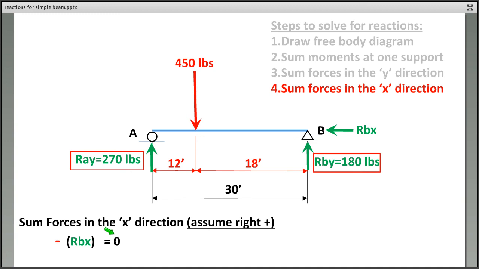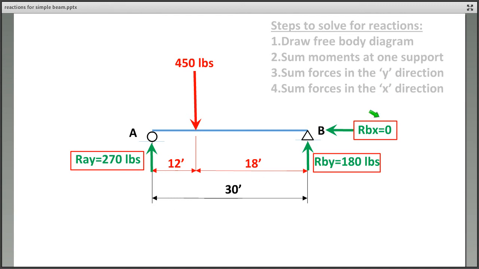Every time we sum forces, we have to end that equation with equals 0, and that tells us that RBX equals 0. So what we have then is we've solved for all our reactions. RBX is 0, RBY is 180 pounds, and RAY is 270 pounds. So these are the steps in this order you would use to solve for the reactions of a simple beam.